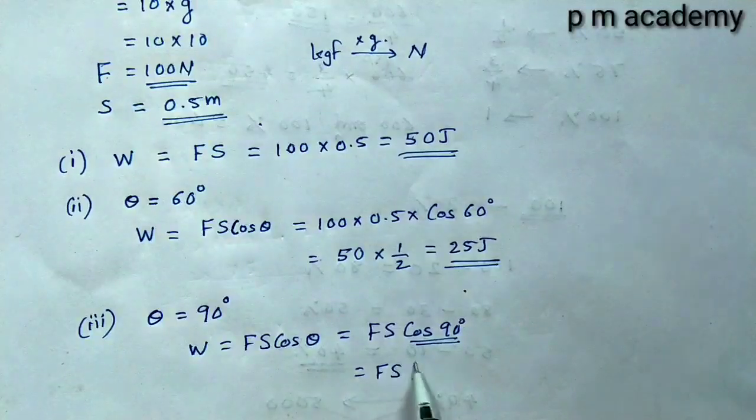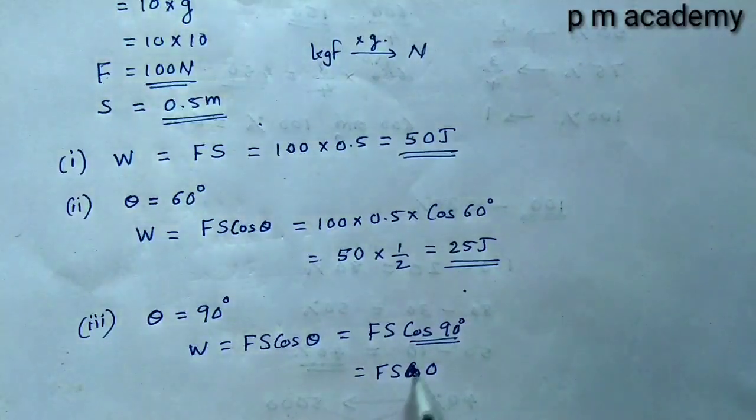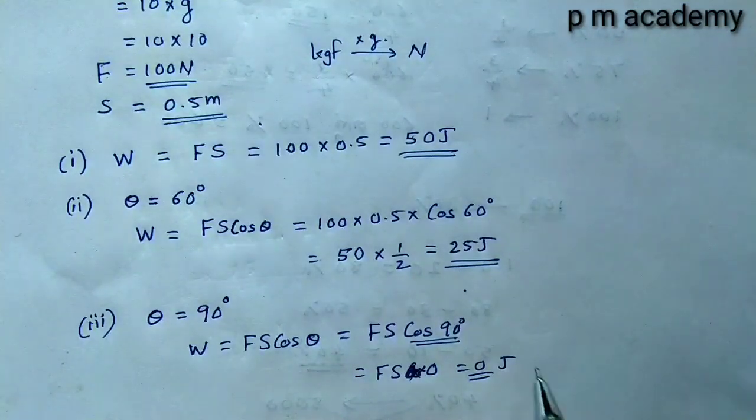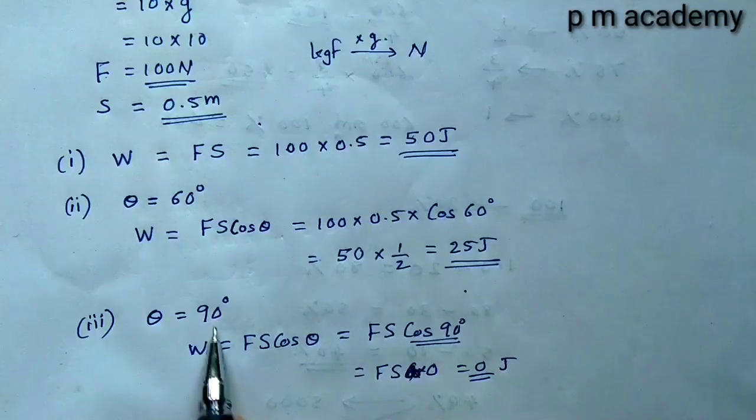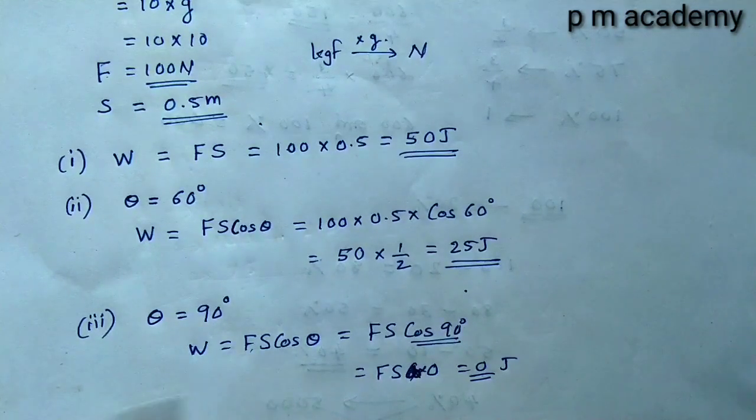Therefore, Fs into 0, that is it becomes 0 joule. Remember that if the angle between force and displacement is 90 degree, that means force and displacement are perpendicular to each other, then the work done by the force is 0.